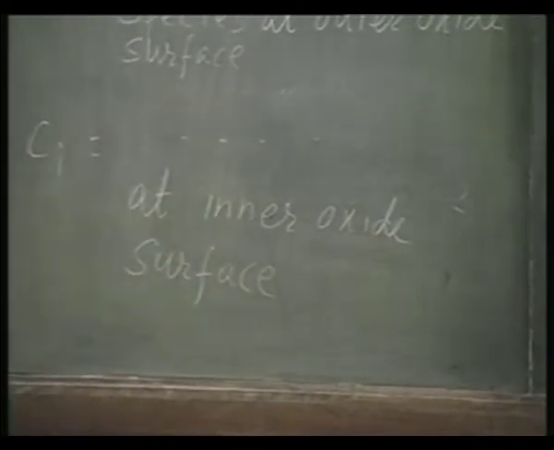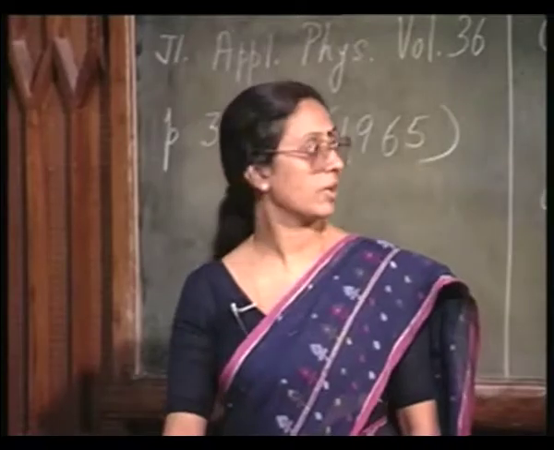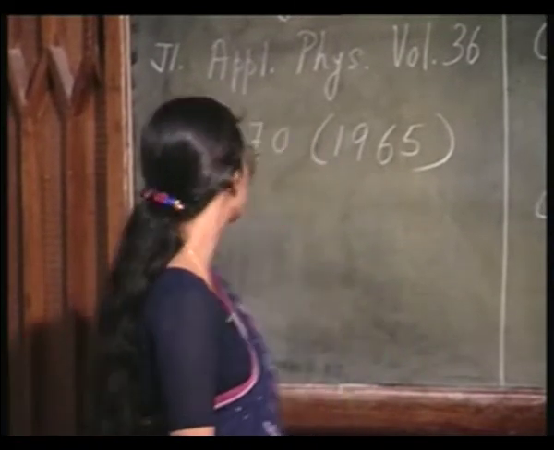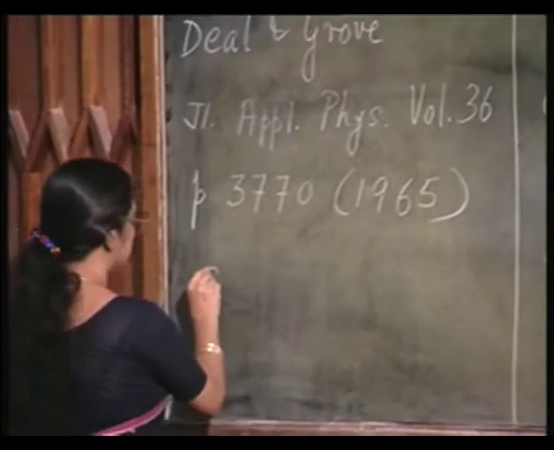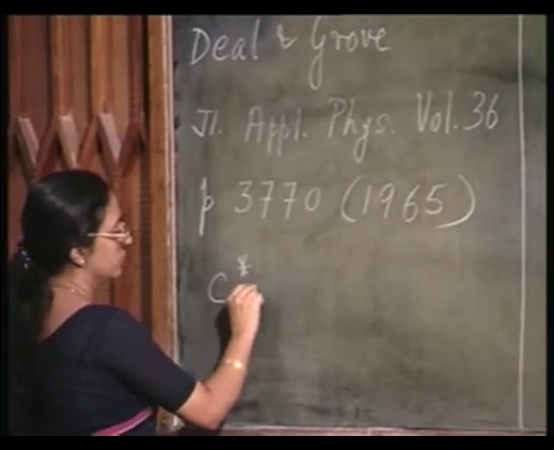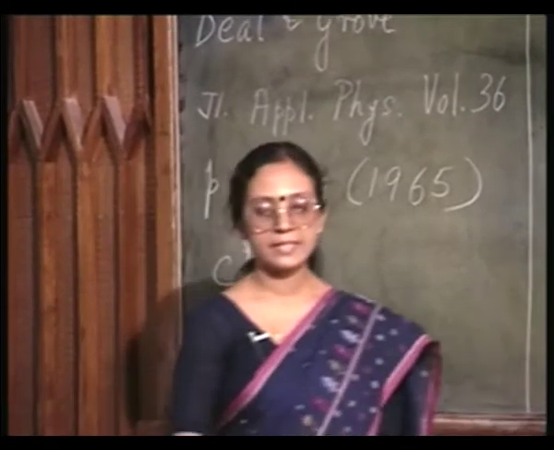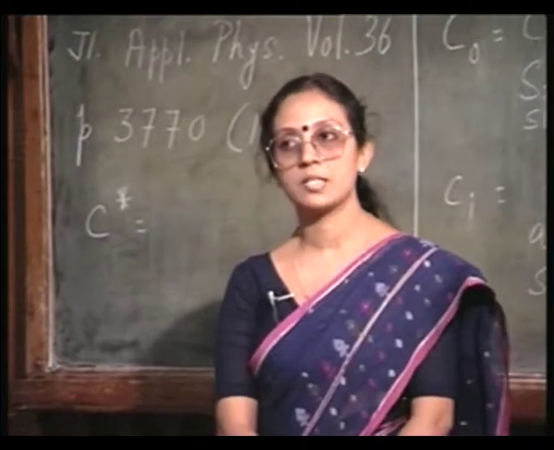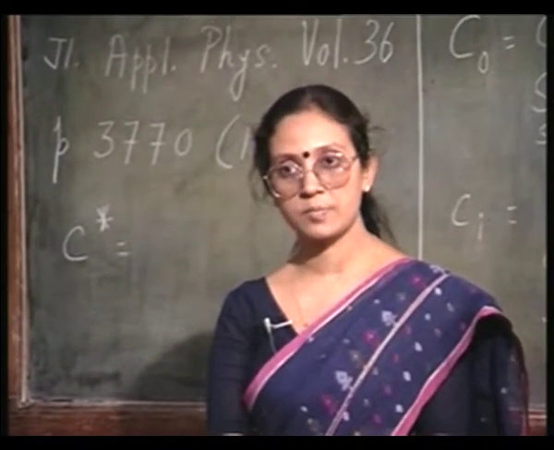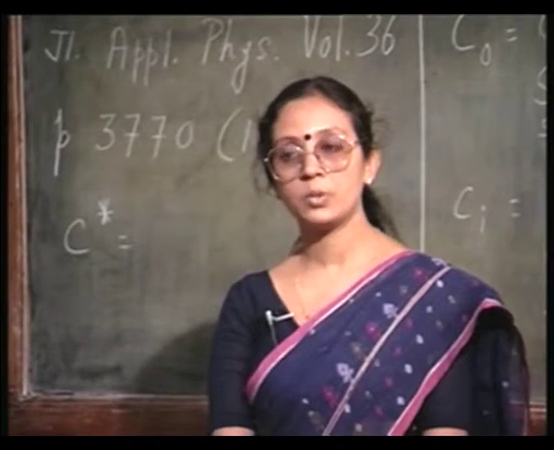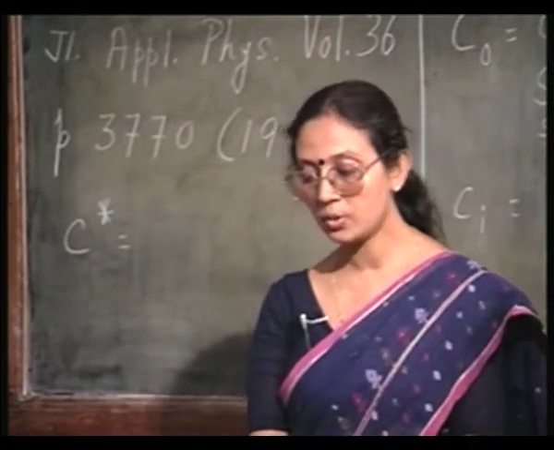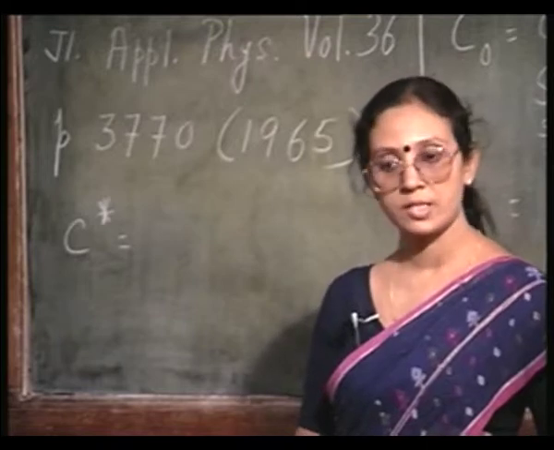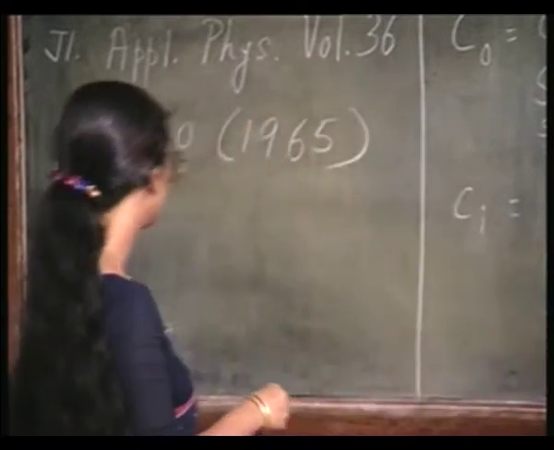Okay. So, I have defined 4 concentrations. In addition, I want to define a concentration termed C star. C star is defined as the equilibrium concentration of the oxidizing species in the oxide.